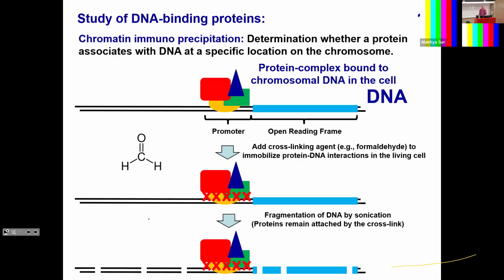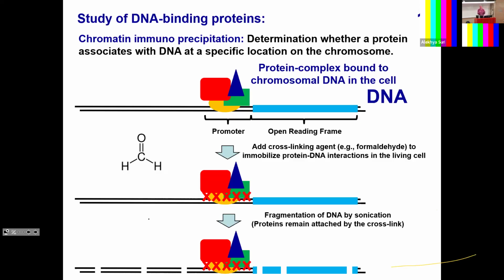It's a fixative agent that we also use in histology to preserve samples so they are stable over months and years. And in this case, formaldehyde will allow you to immobilize the protein complex or proteins on the DNA in the cell.